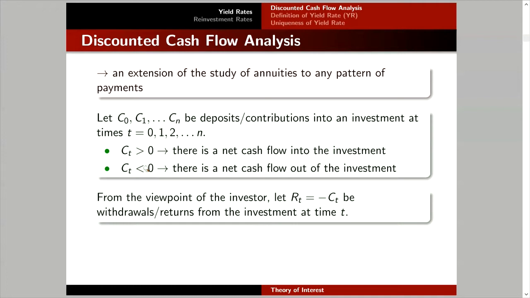But, ang effect niyan kay investor ay positive kasi may papasok na pera kay investor. Okay? So, negative sa investment fund kasi lumabas yung pera, pero positive naman kay investor kasi yung lumabas na pera kay investment fund ay pumasok sa kanya. Kaya positive. So, that's why we have this relationship. R sub t is simply the negative of the C sub t's.